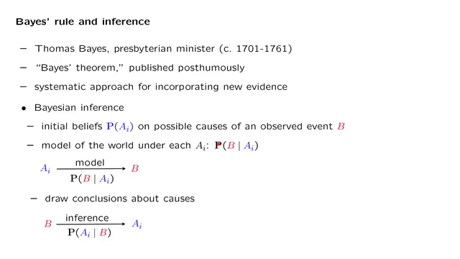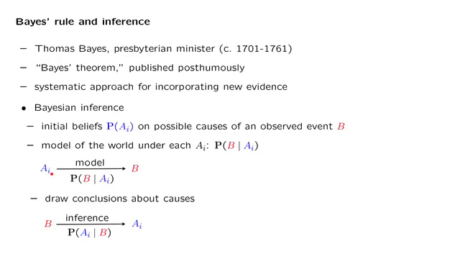The general idea is that we start with a probabilistic model, which involves a number of possible scenarios, and we have some initial beliefs on the likelihood of each possible scenario. There's also some particular event that may occur under each scenario, and we know how likely it is to occur under each scenario. This is our model of the situation.